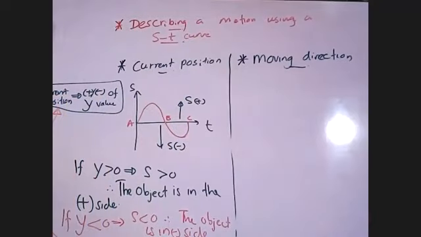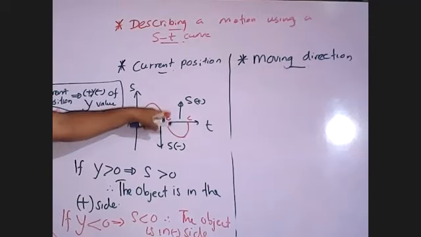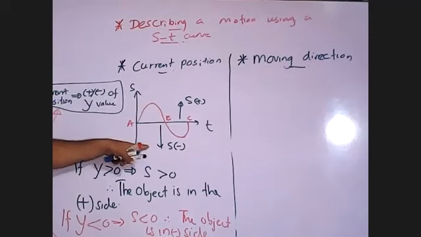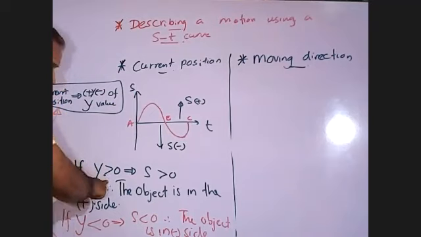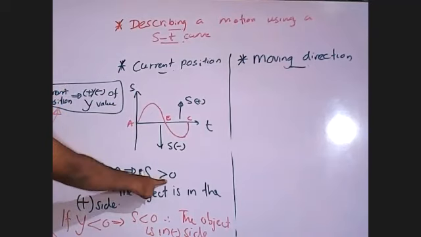Number one, the current position. You can draw this graph. This side is S positive, this side is negative. So if Y is positive, that means S is positive.